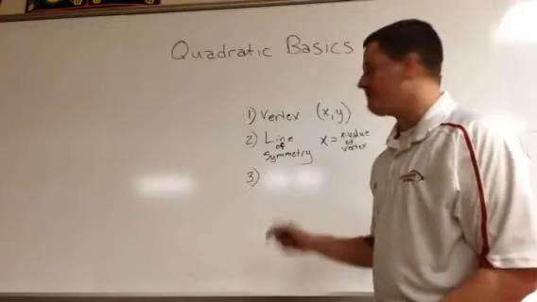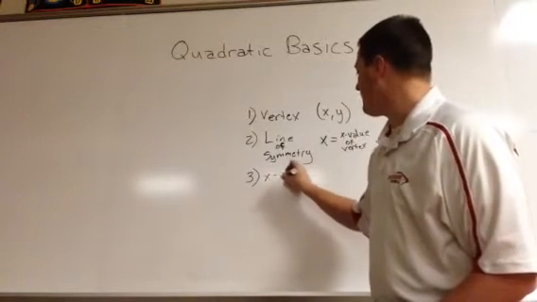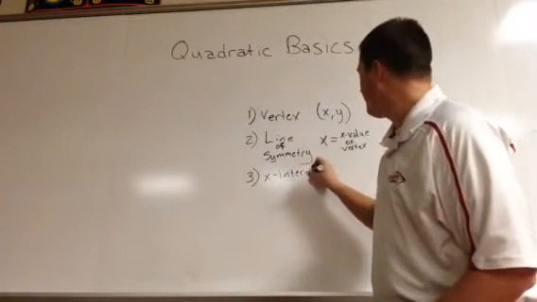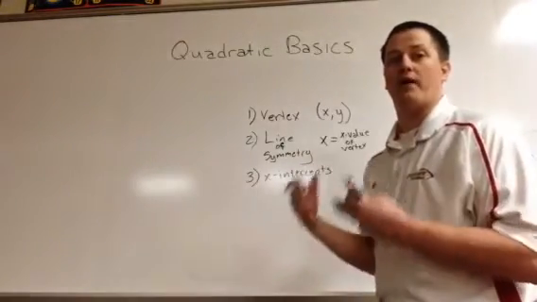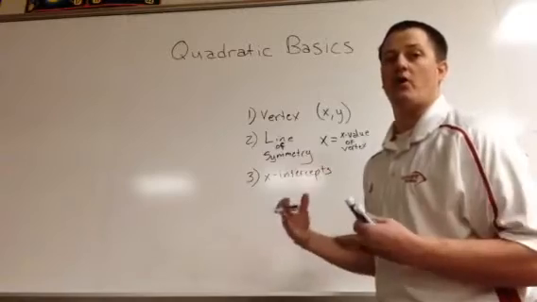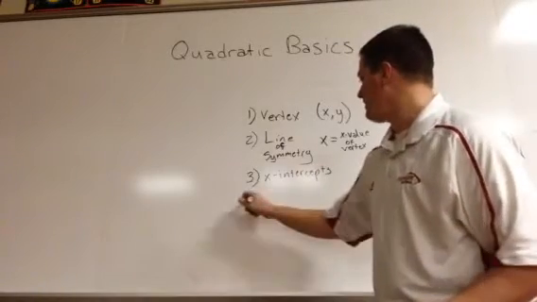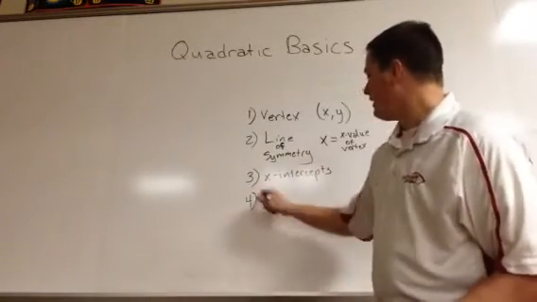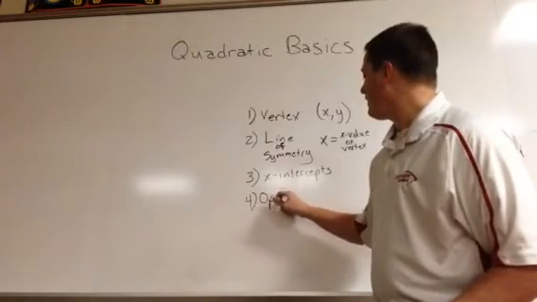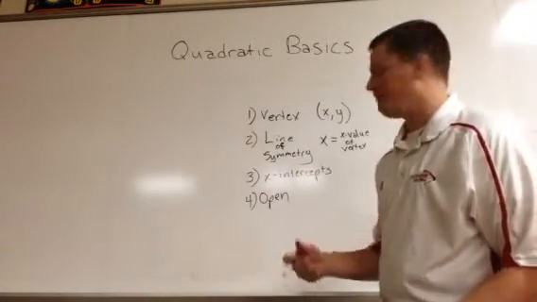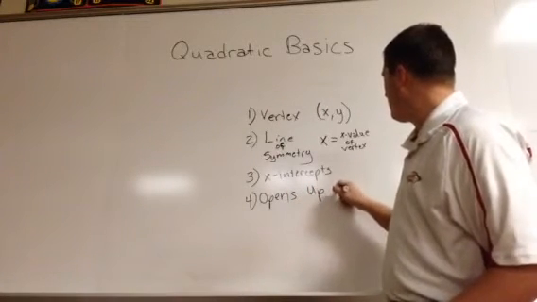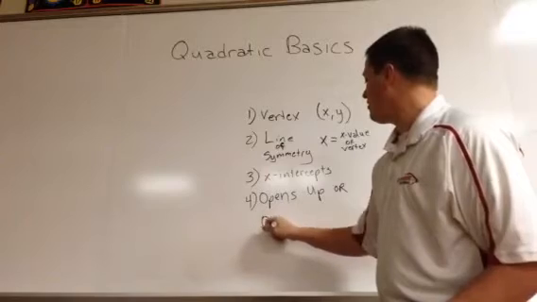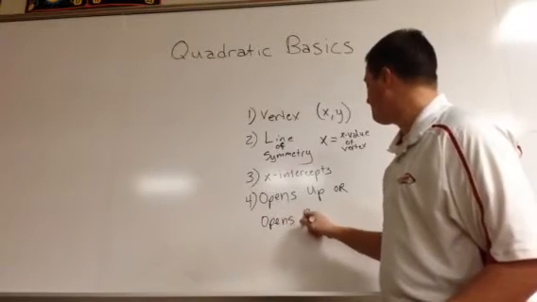Third thing that we'll look at are the x-intercepts. X-intercepts are where a parabola will touch or cross the x-axis. And the fourth thing is how the graph opens, whether it opens up or opens down.